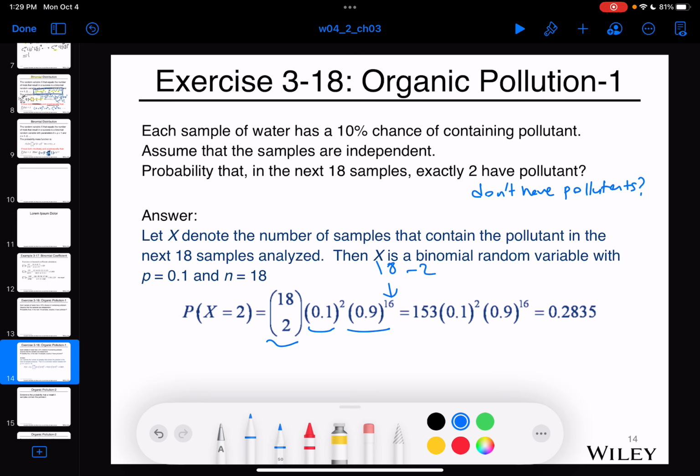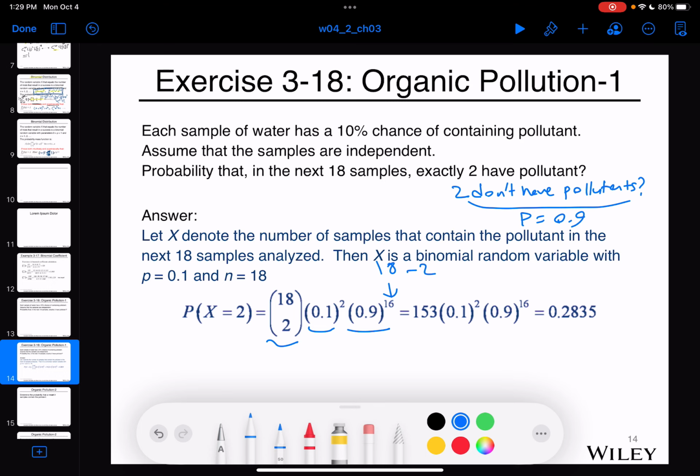One way is that we can change the definition of success. So we define success as not having pollutants. Then in this case, the probability of success will be 0.9, because there is a 10% chance of having pollutant, which means there's a 90% chance of not having pollutant.